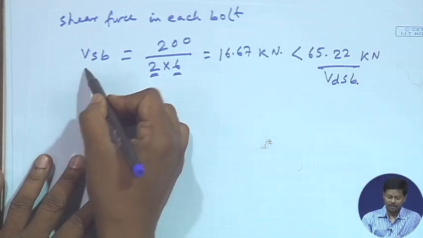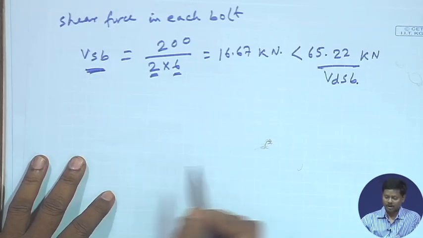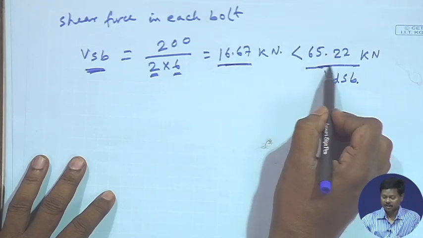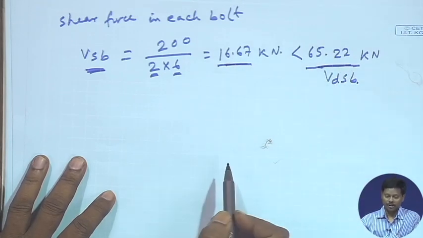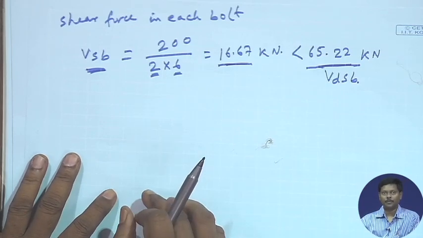So, VSB, the shear force in the bolt, can be found as 16.67 kilonewton, which is less than that. So, individually these are okay. That means, from the shear force point of view and from the tensile force point of view, the bolts are okay. The extreme bolt is okay from both tensile and shear points of view.